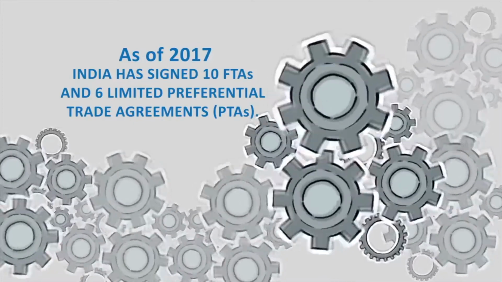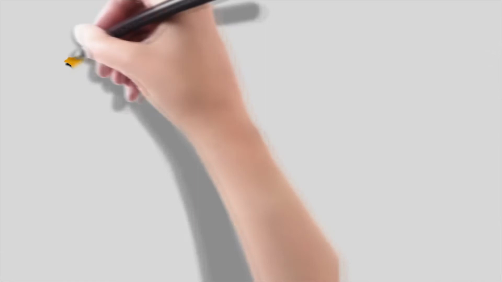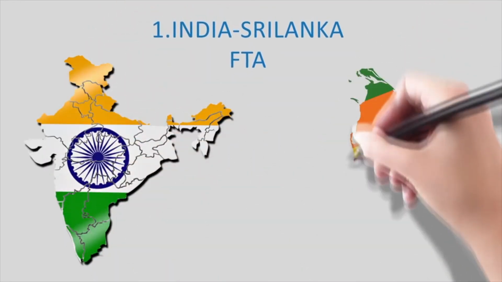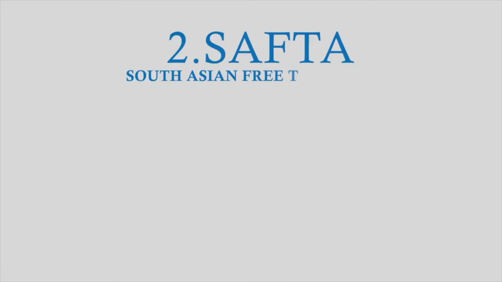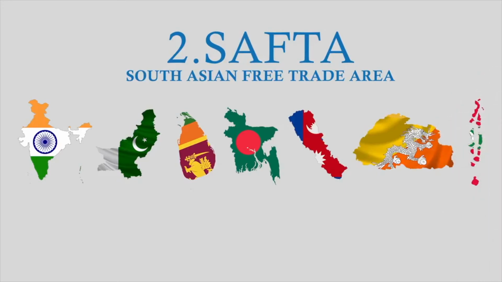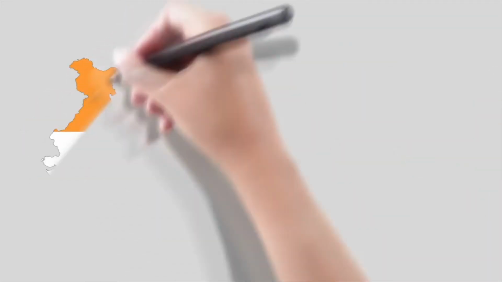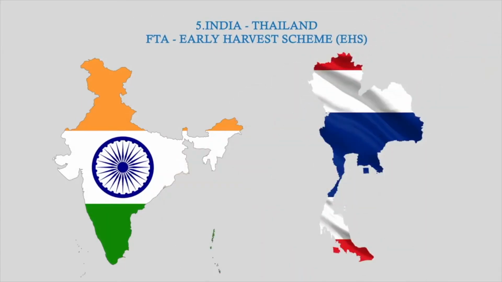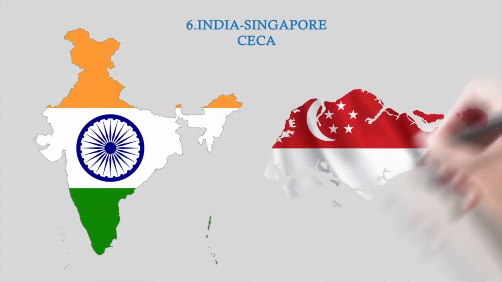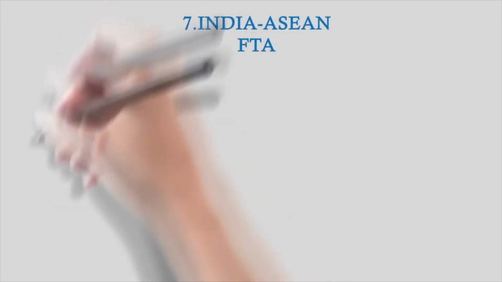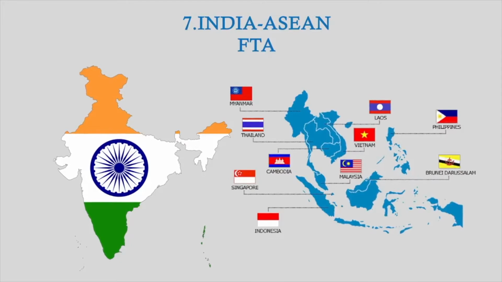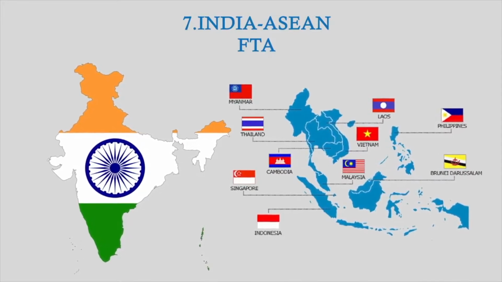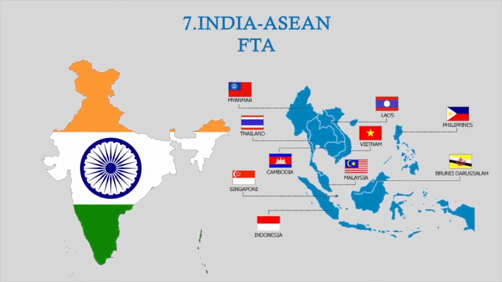The list of FTAs signed by India are: India-Sri Lanka FTA; SAFTA, the Agreement on South Asia Free Trade Area, whose 7 member countries are India, Pakistan, Sri Lanka, Bangladesh, Nepal, Bhutan, and Maldives; India-Nepal Treaty of Trade; India-Bhutan Agreement on Trade, Commerce and Transit; India-Thailand FTA, Early Harvest Scheme, that is EHS; India-Singapore CECA; India-ASEAN FTA. ASEAN countries include 10 Southeast Asian countries, that is Vietnam, Thailand, Singapore, Cambodia, Indonesia, Malaysia, Myanmar, Philippines, Laos, and Brunei.